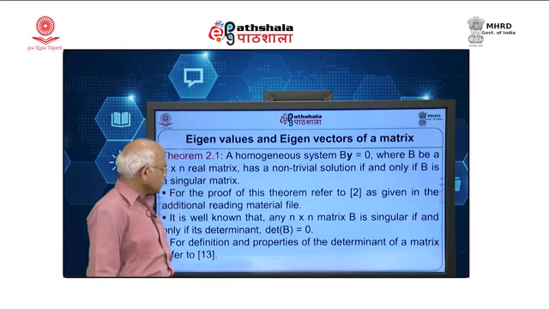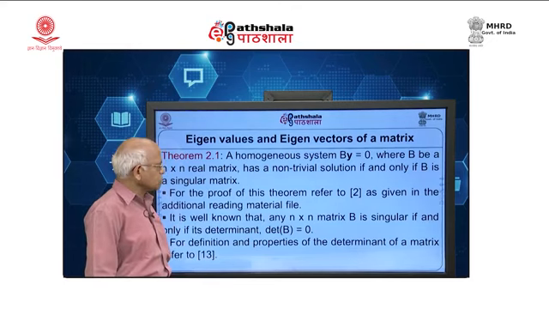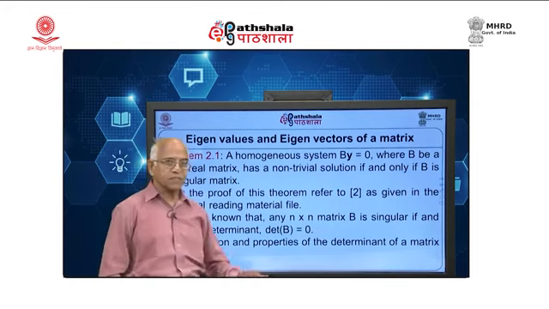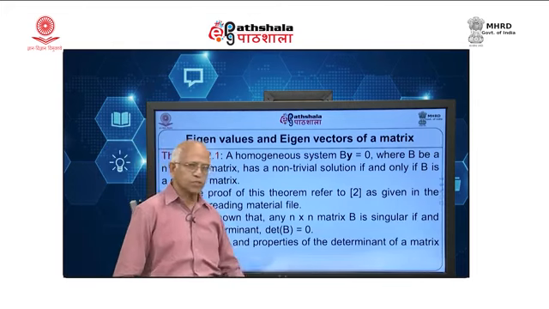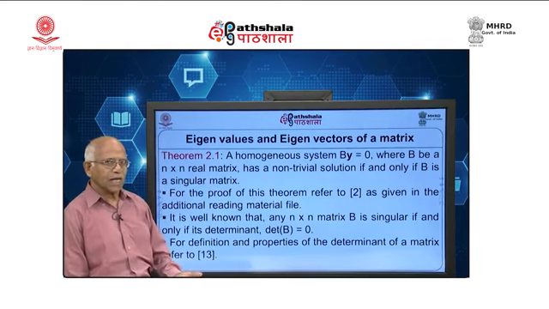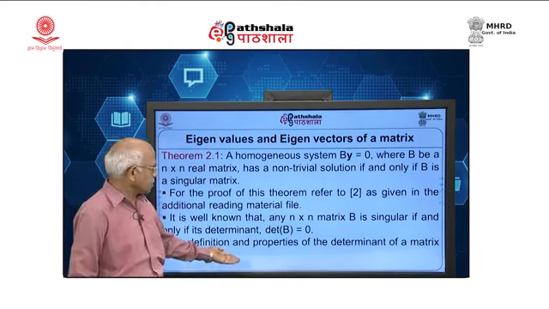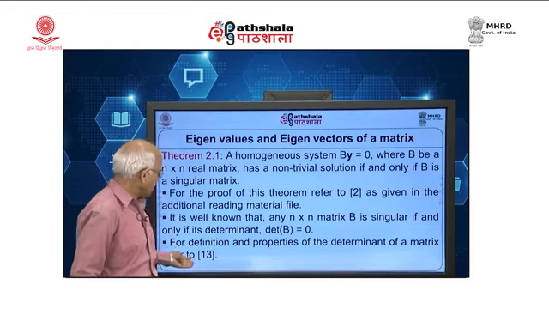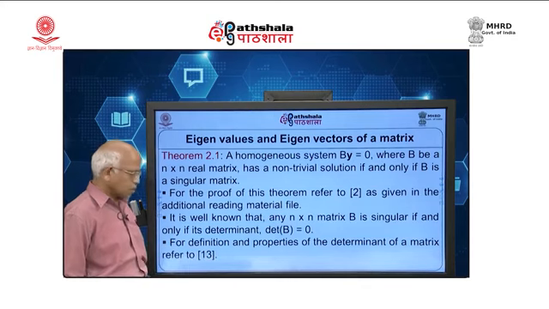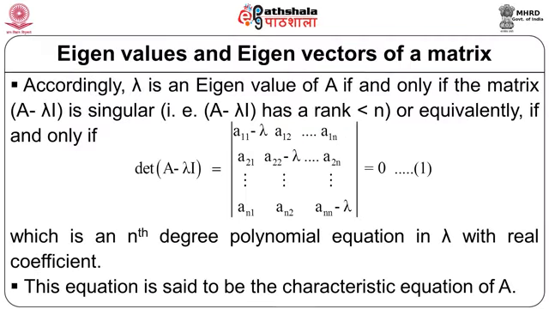It is well known that any n cross n matrix B is singular if and only if its determinant of B is equal to 0. Again, for the definition and other properties of determinants, we can refer to reference 13, the Kreyszig book on engineering mathematics.